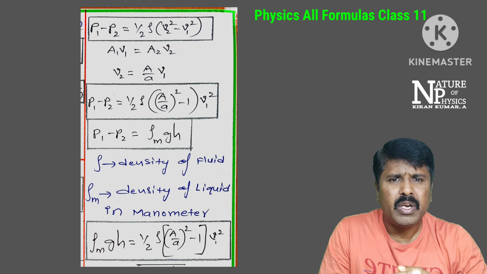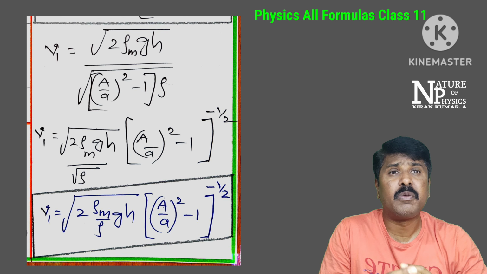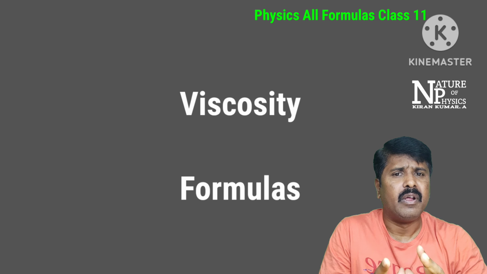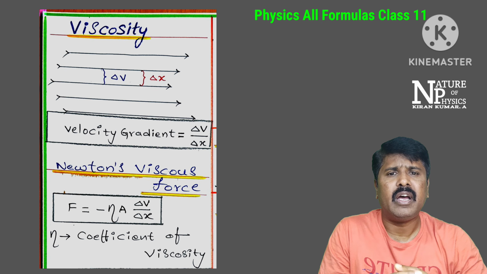Okay, and next one is Venturi meter velocity formula. We got v1 is equal to root over 2 into rho m gh divided by rho into (capital A by small a) whole square minus 1, whole to the power of minus 1 by 2. Viscosity formula, viscosity definition related, velocity gradient, and Newton's viscosity formula.